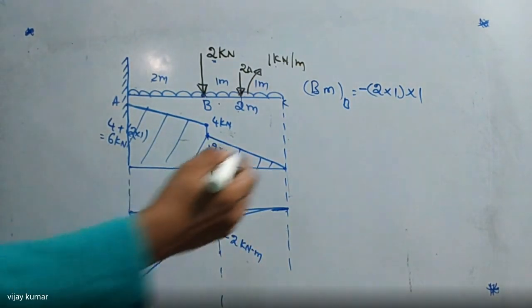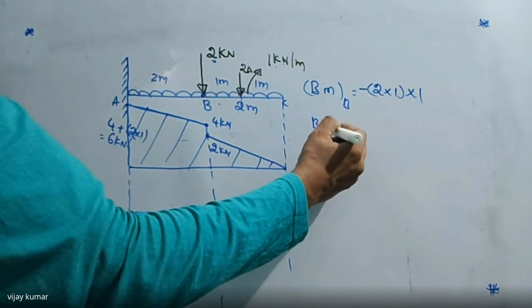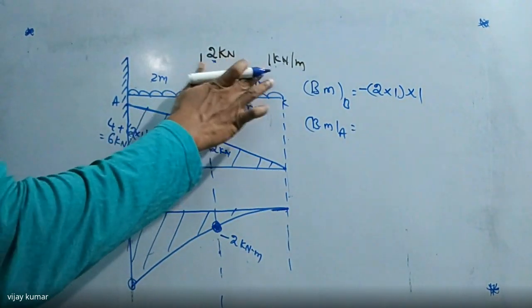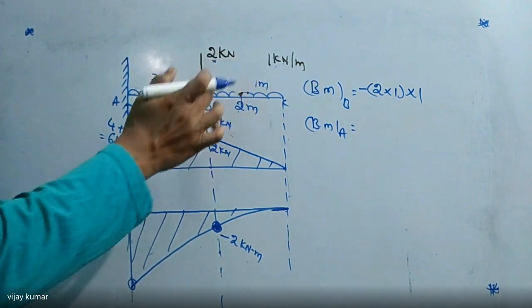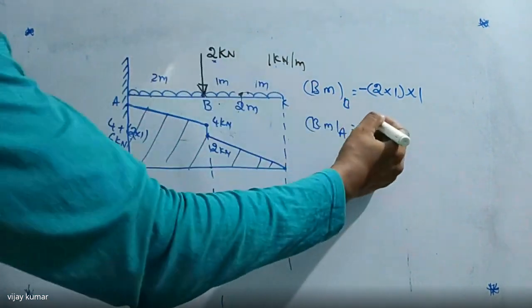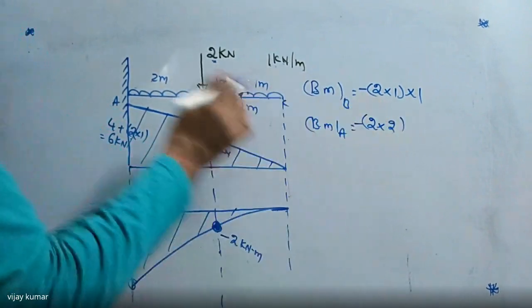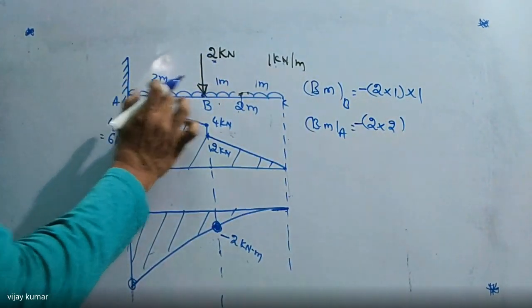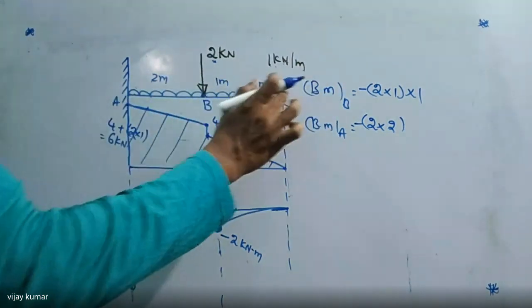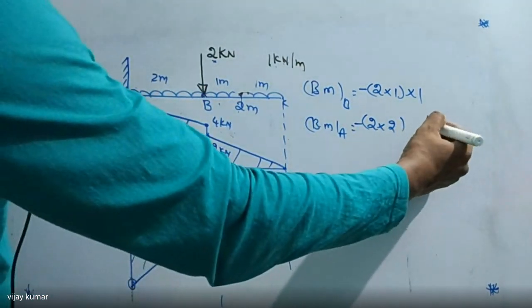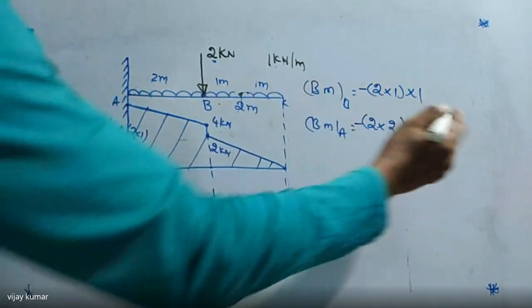Now, what is the bending moment at point A? Listen carefully here. This load is 2 into a distance of 2, minus 1, the load is over. And what is the total load here? The total load is 1 into the total distance, 4.